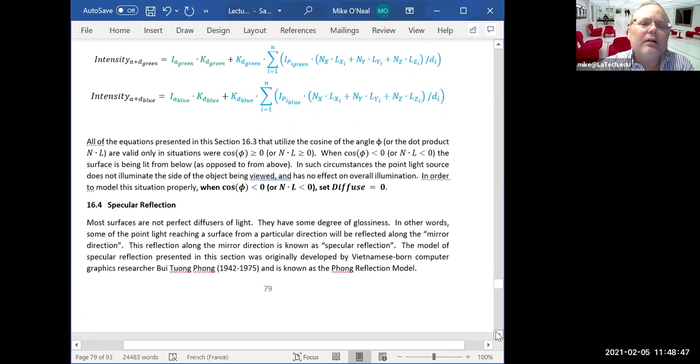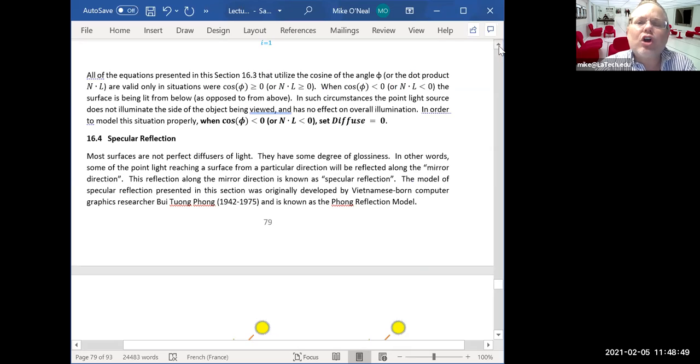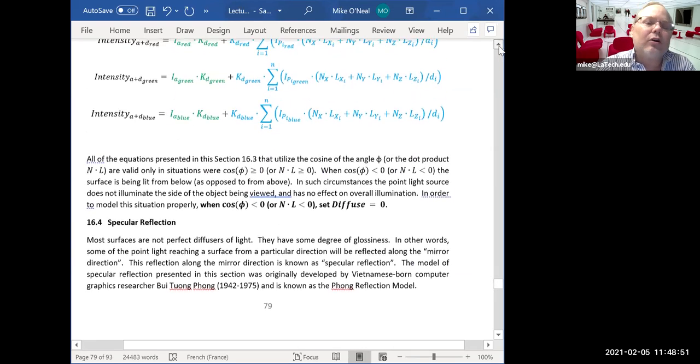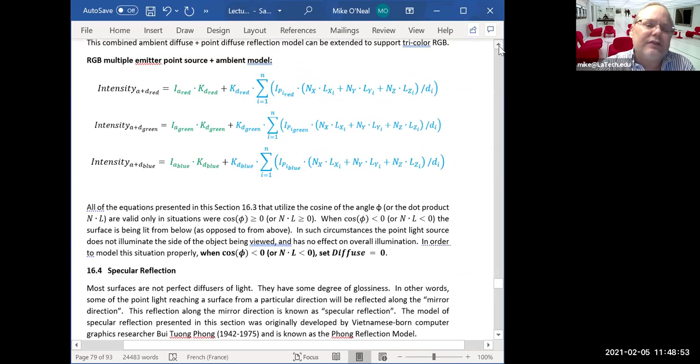These equations are only good for cosine of phi being greater than or equal to 0, because when the cosine of phi is greater than or equal to 0, then the source is lit from above.